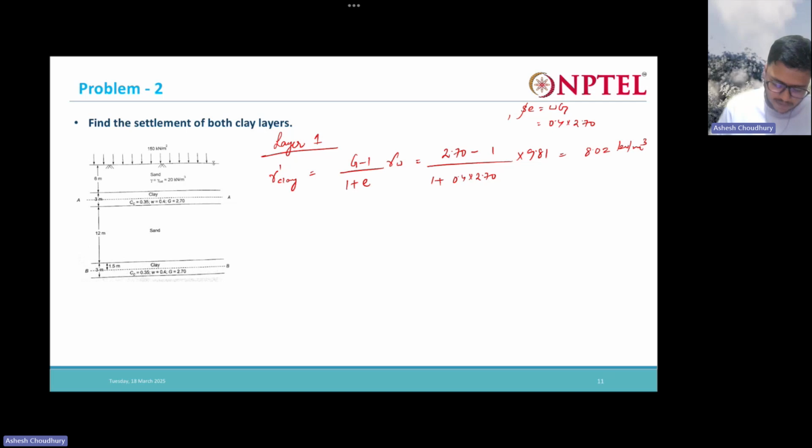So therefore, the effective stress at the center of this, 6 times... water table is here at the top.